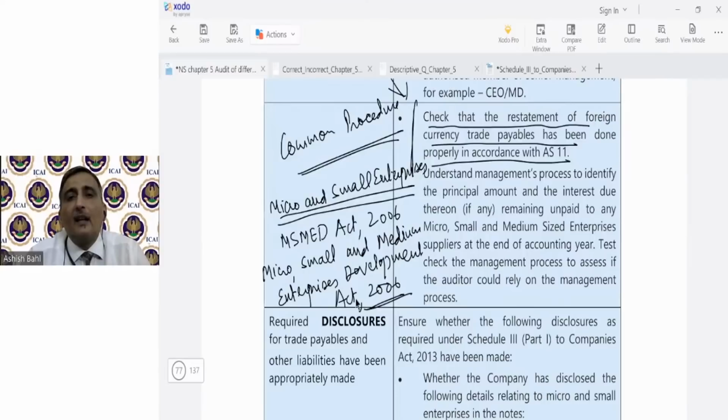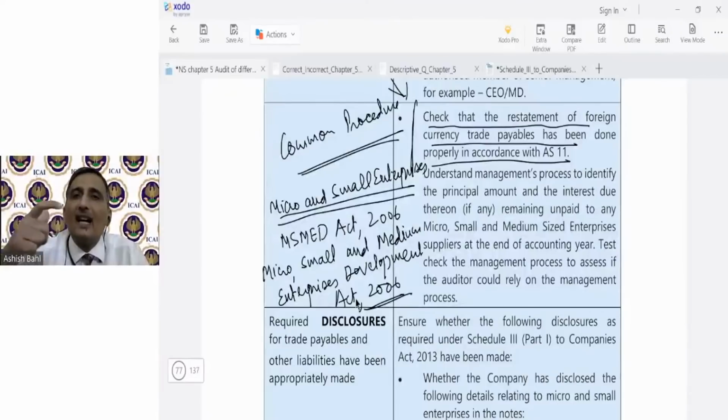So, students, as per this act, as per latest notifications issued under this act, a micro enterprise is an enterprise which is having investment in plant and machinery of not more than 1 crore and turnover of not more than 5 crores. So similarly, similar criteria are there for small enterprise and for medium enterprise also.